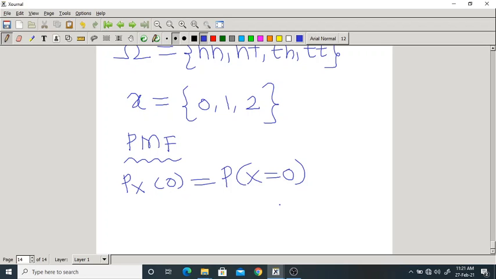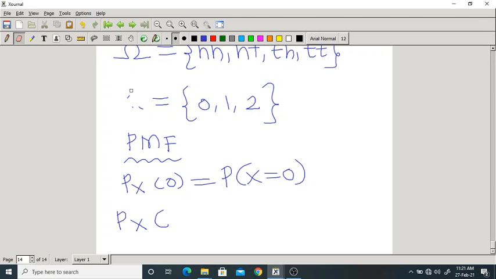Okay. So here what do we use? We can use binomial random variable. So let me write here Px of k equal to, Px of x or Px of k. No problem. Sometimes you use x or sometimes you use k.